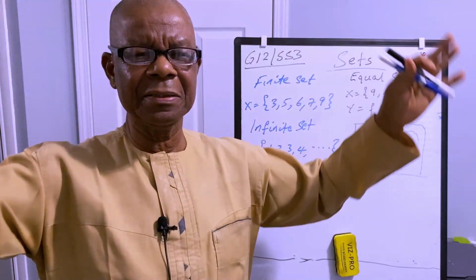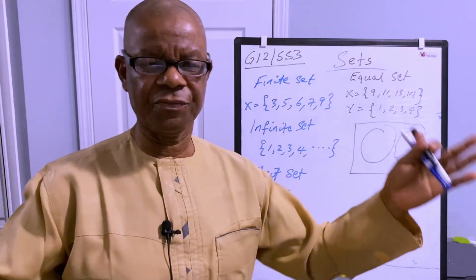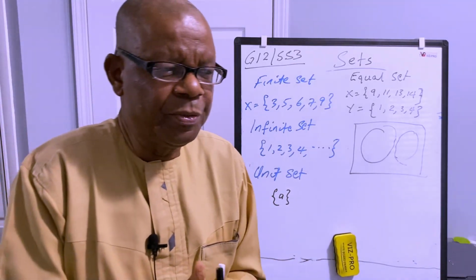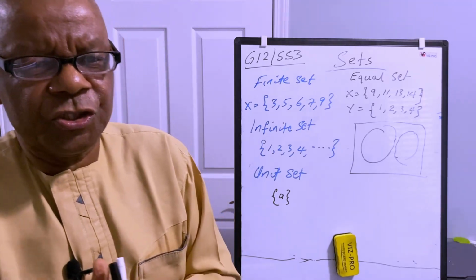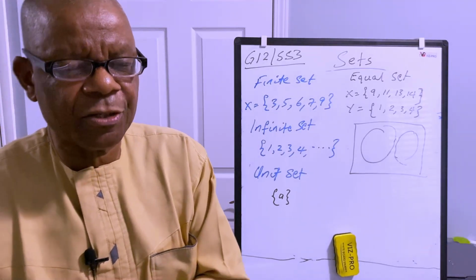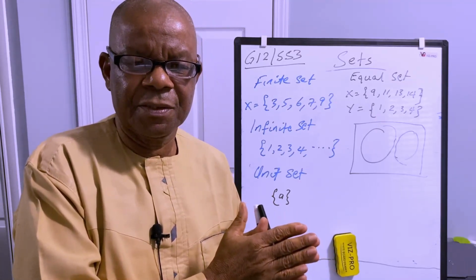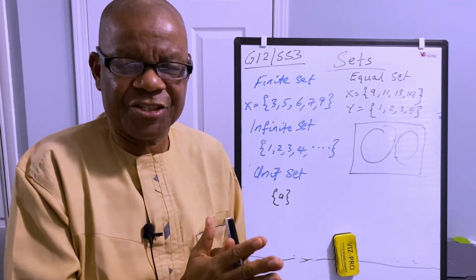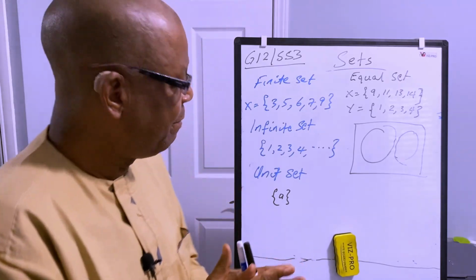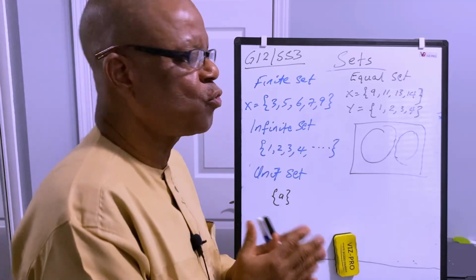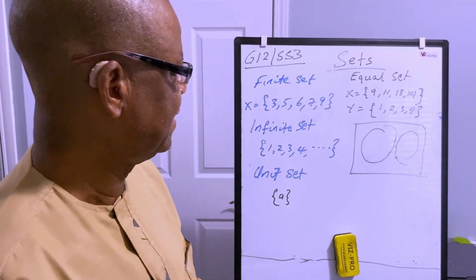When we are drawing a Venn diagram, you discover that that person will be in the intersection. He or she will belong to table tennis and also belong to the other sport. So we call it intersection. An element that belongs to two or more sets is in the intersection.